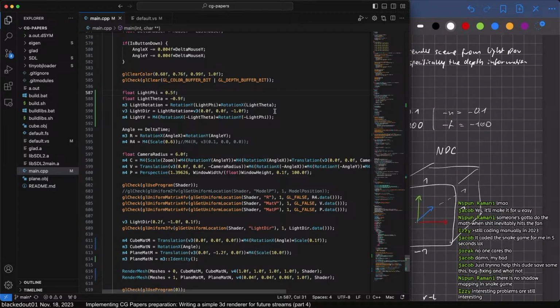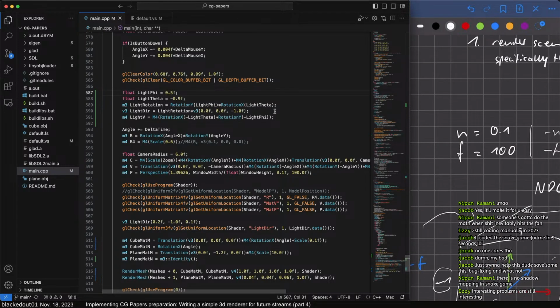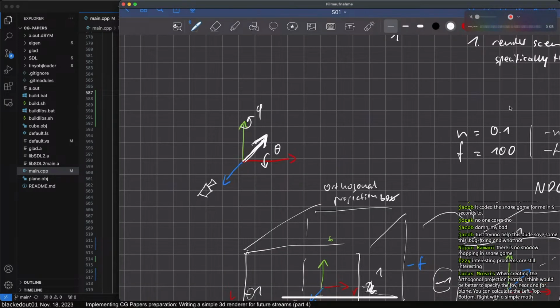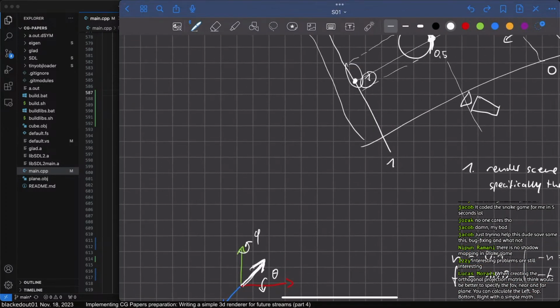Okay, so basically we now have the camera matrix. And what I want, so our scene looks like this. Here's the cube. And currently our camera matrix just lies somehow in the origin.